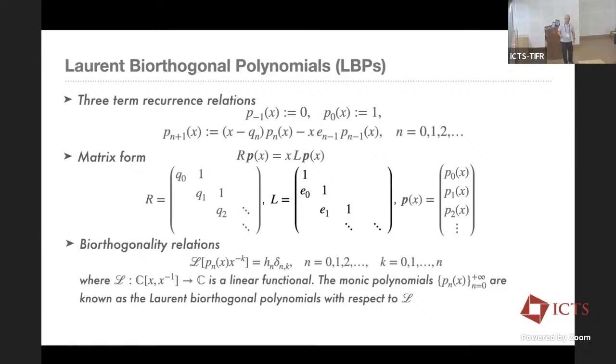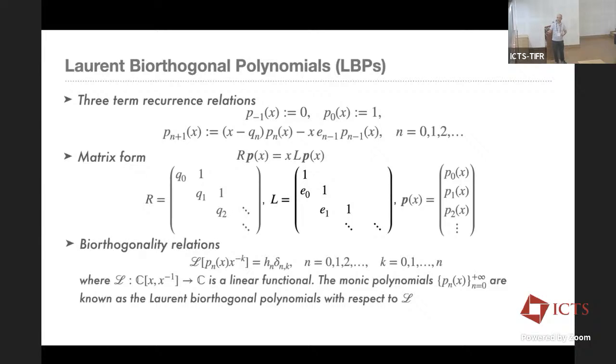And in this case, the bi-orthogonality relation should be changed. Here P_n(x) is a polynomial of nth degree, but this polynomial P_n is orthogonal to x to the minus k. This is a Laurent polynomial system. P_n(x) is a polynomial orthogonal to some set of Laurent polynomial sequences.